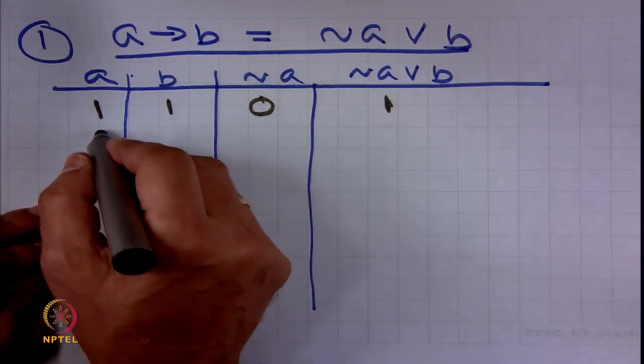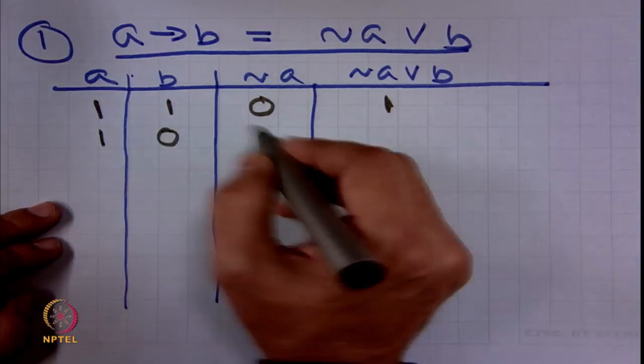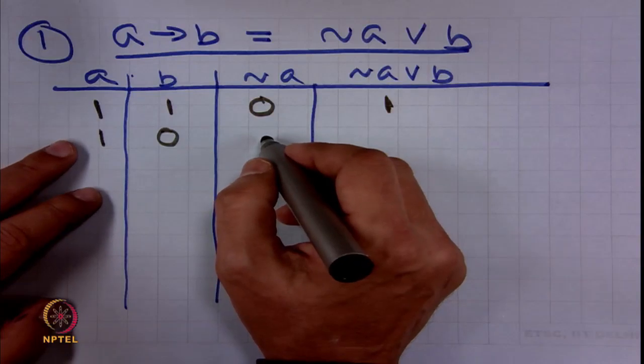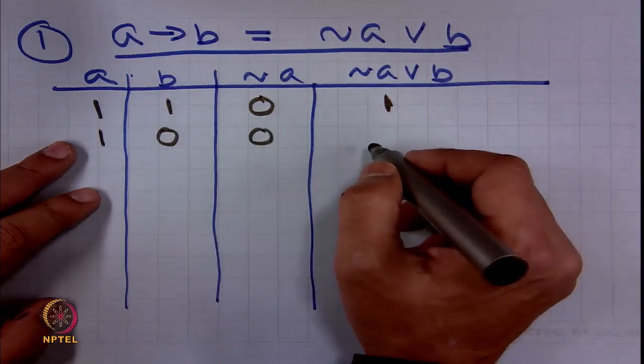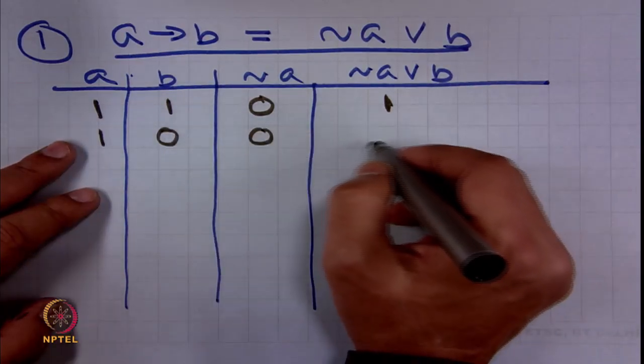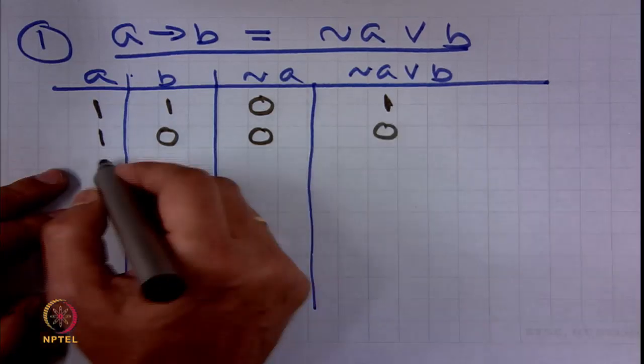If A is equal to 1 and B is equal to 0, not A is equal to 0, therefore, not A or B is equal to 0.